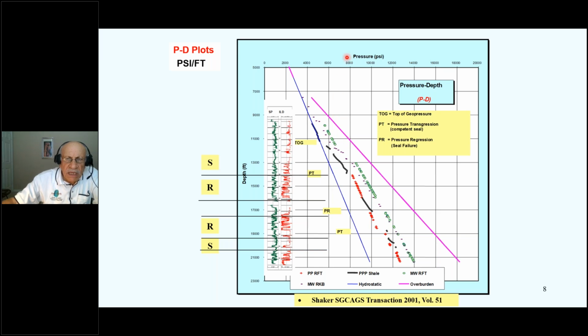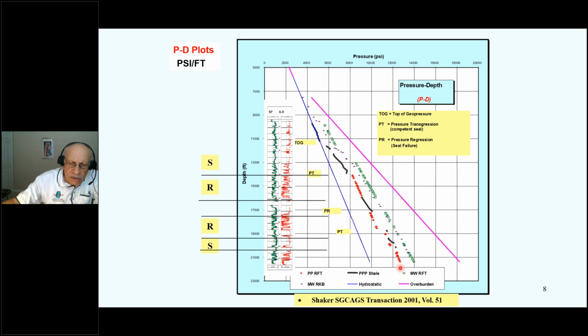I made this plot probably about 23 years ago in the GCAGS, and I encourage everyone to have a plot drawn like this. This is the hydrostatic, this is the principal stress or the lithostatic, and here is the pore pressure.